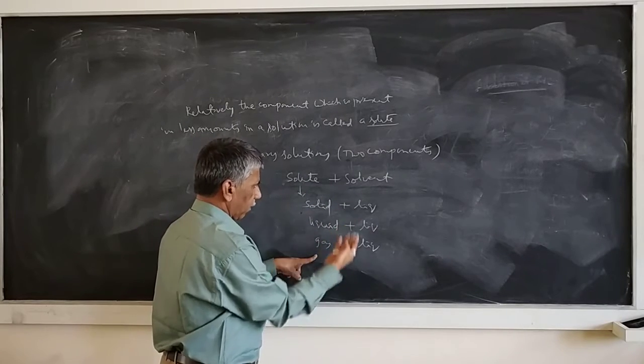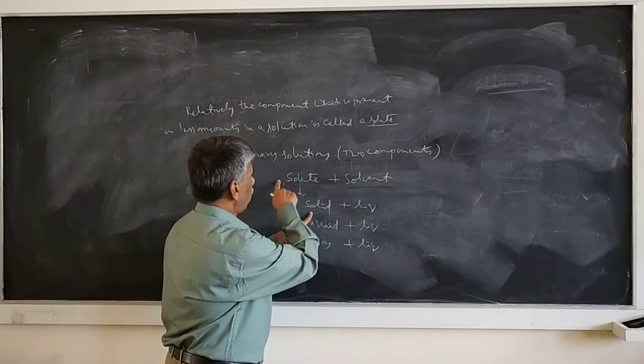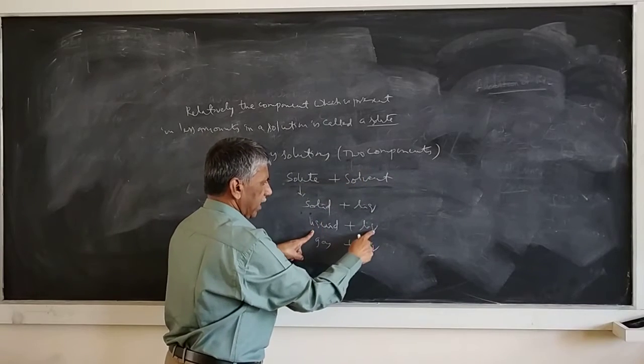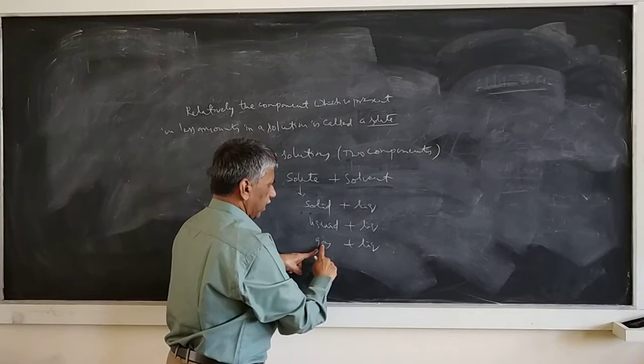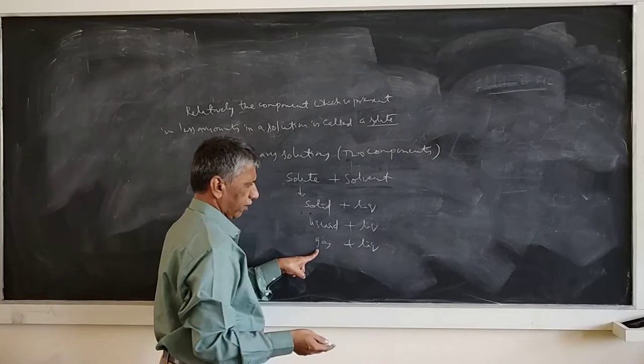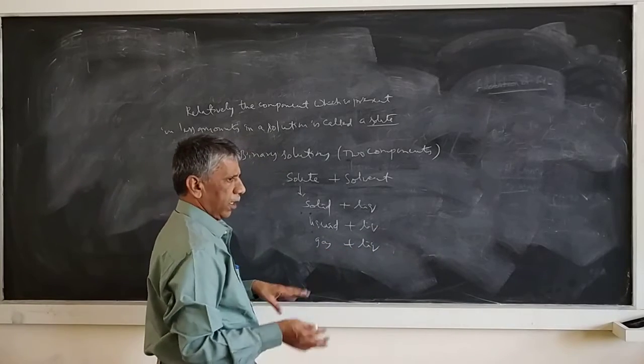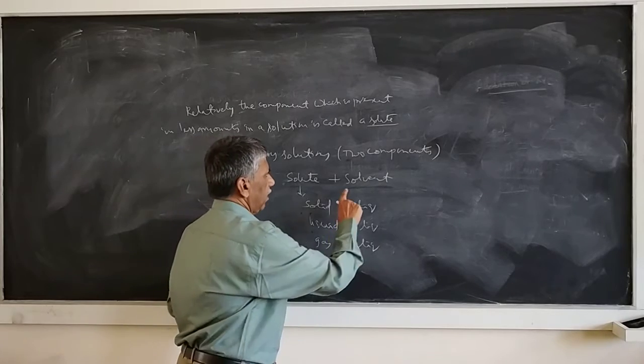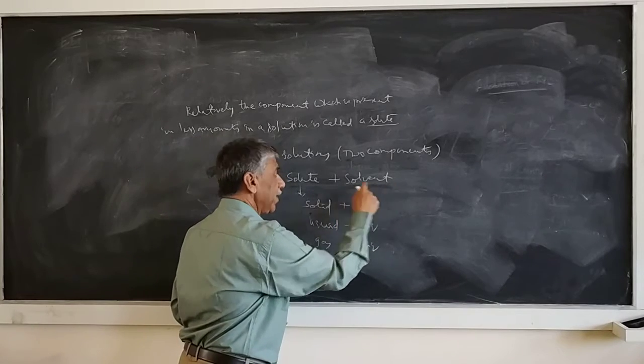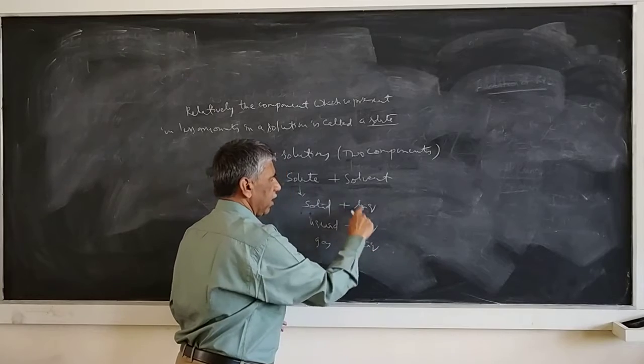I have given the examples. For solid in liquid, sugar solution; for liquid in liquid, alcohol water; for gas in liquid, ammonia solution. And please also remember that the solvent generally is liquid.